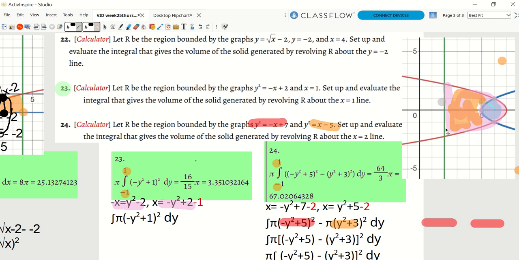Basically, if you treat the volume like the disk, the volume of revolving the pink around the green minus the orange around the green, using the disk method for each and subtracting one from the other, which creates the washer method, you end up getting this minus this. So pink volume minus orange volume revolved around the green gives you this right here.